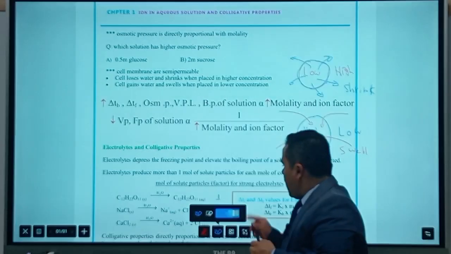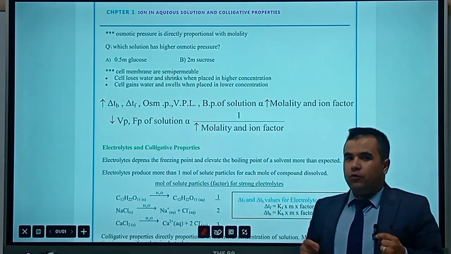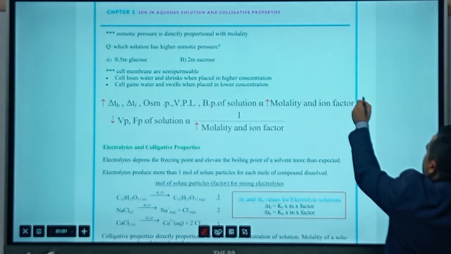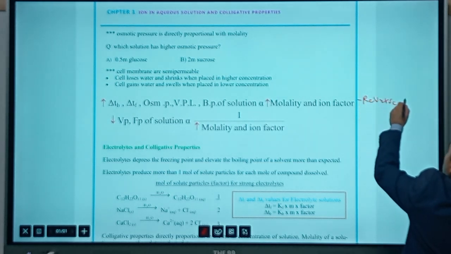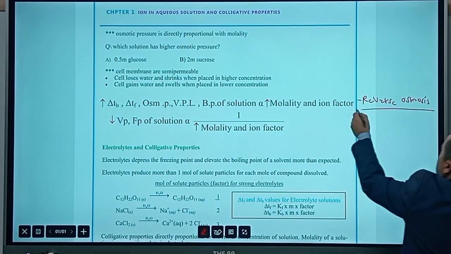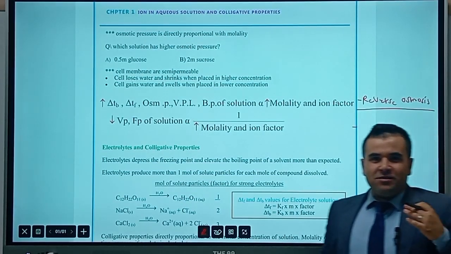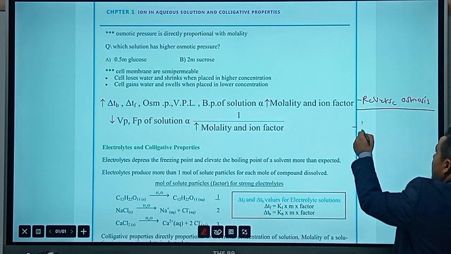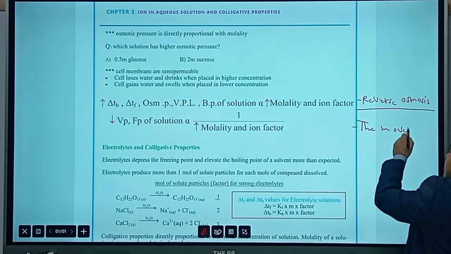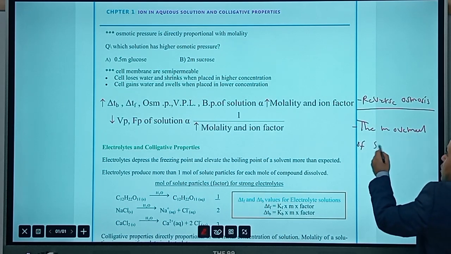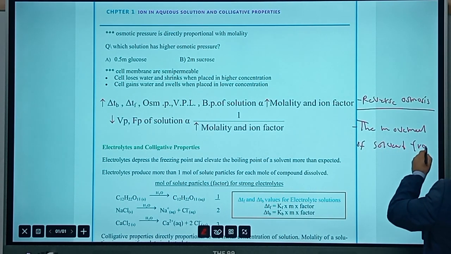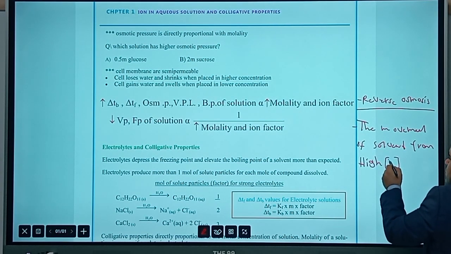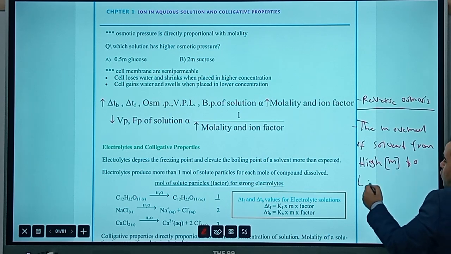With the osmosis we have another process which we call reverse osmosis. It's not concentrated on in our book, but reverse osmosis is just the reverse of the osmosis. It is the process in which the solvent moves from the high concentration side, high molality, to the low concentration side.